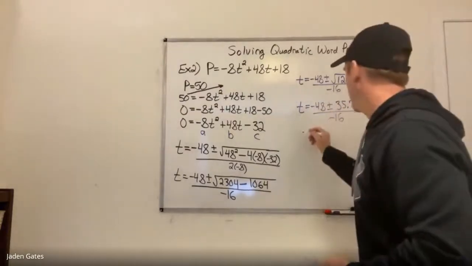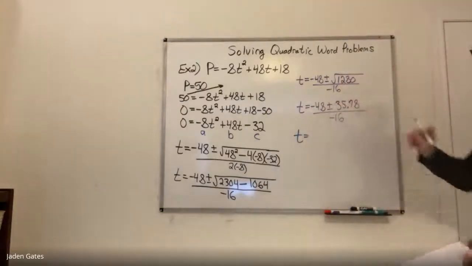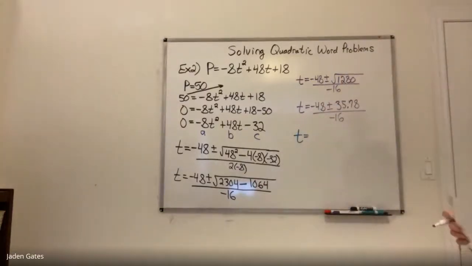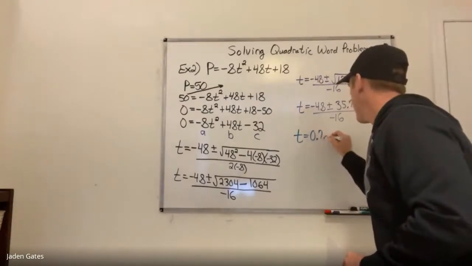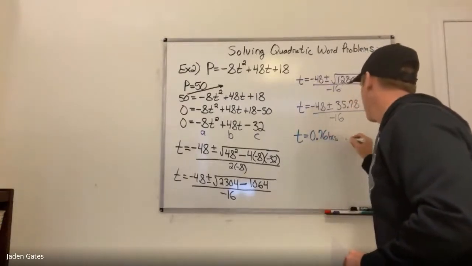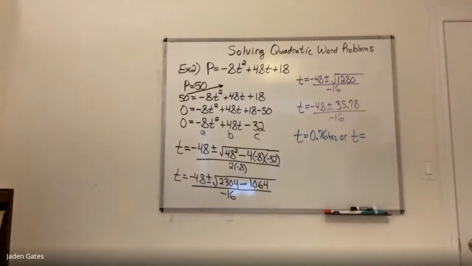I take the first one, I can take negative 48 plus 35.78. So we're going to get like 13 something or 12 something. Then divide it by negative 16. And I get 0.76 hours. All right, or t equals, let's see here.